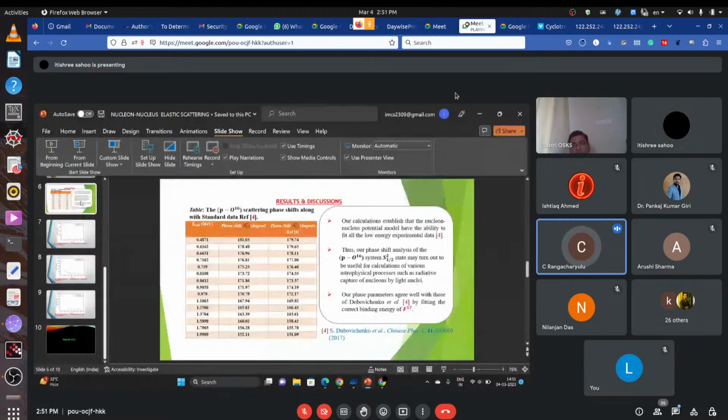The data points you are showing, the Dubrovsky code. This is experimental data, experimental cross sections. I didn't get it. This reference 4 that you are quoting as experimental, are they really experimental cross sections or derived ones? Yeah, that's the question.